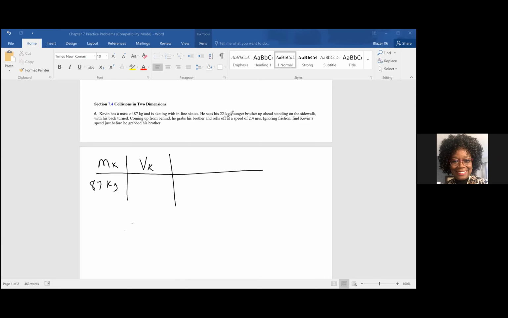He sees his 22 kilogram younger brother. So we'll say the mass of the brother. And his brother is 22 kilograms, much smaller. Okay, he sees his 22 kilogram younger brother up ahead standing on the sidewalk. So that means that the velocity of the brother is 0 because he's not moving. Okay, on the sidewalk with his back turned.